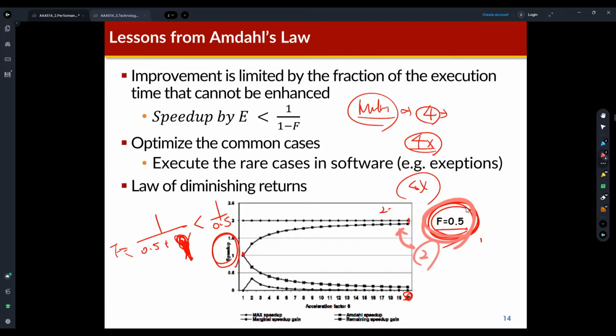And actually it's very obvious because Amdahl's law is very simple, so we can easily calculate the expected performance using some multi-core architecture.